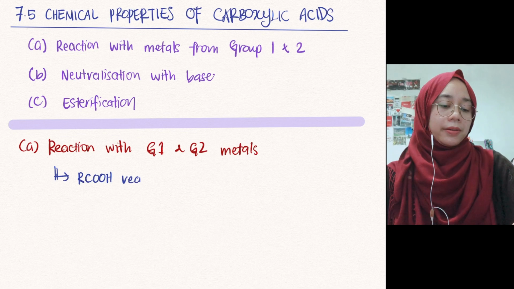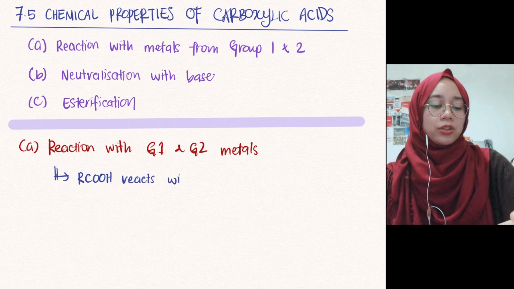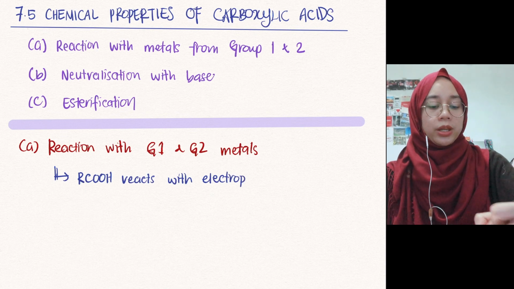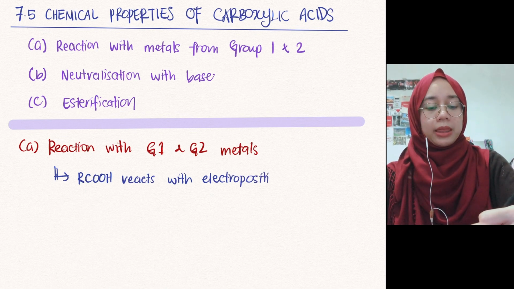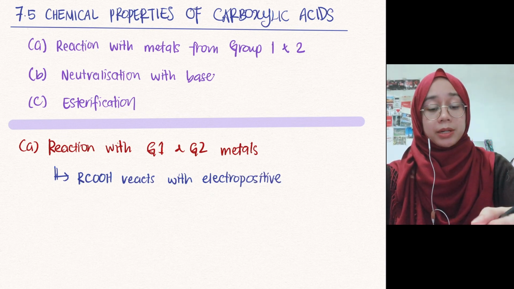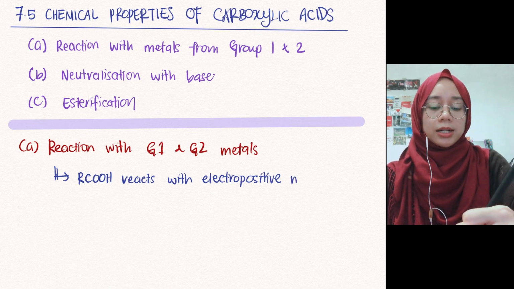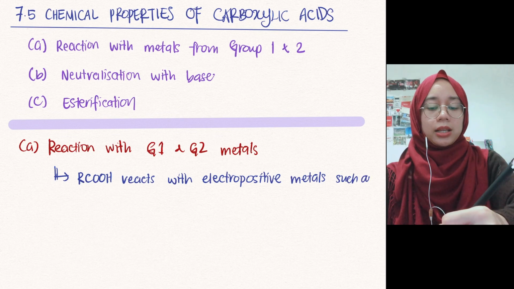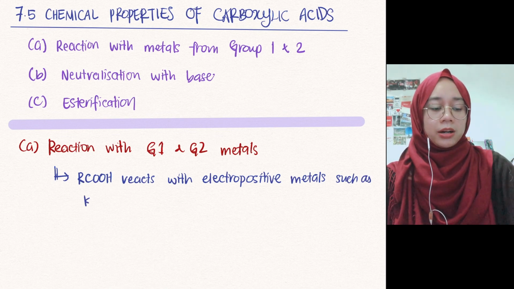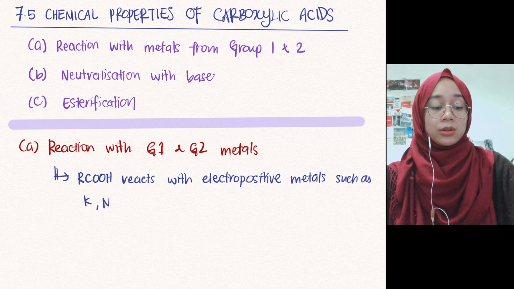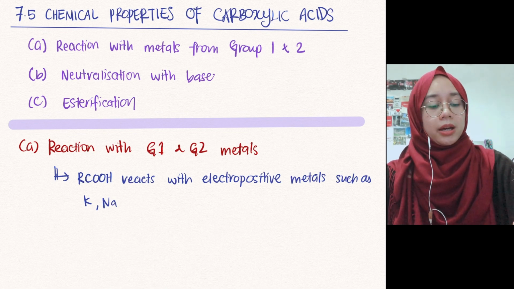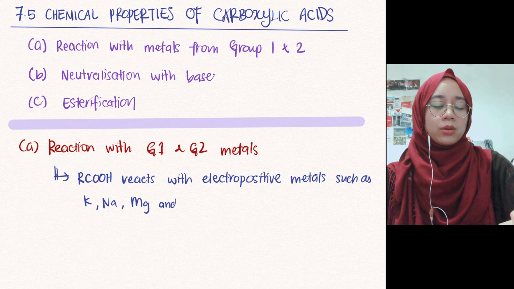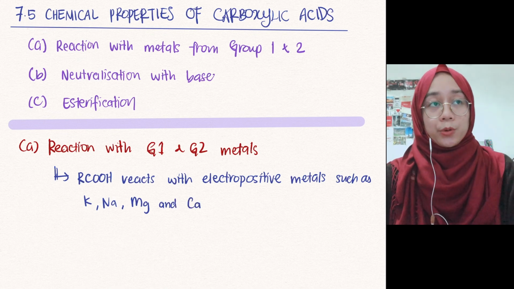carboxylic acid reacts with electropositive metal. So the one from group 1, group 2 ni electropositive lah kan. After all metal memang dia sentiasa memberi charge yang positif. Such as kita akan tengok for example potassium ataupun sodium daripada group 1, and then kita ada magnesium and also calcium daripada group 2.